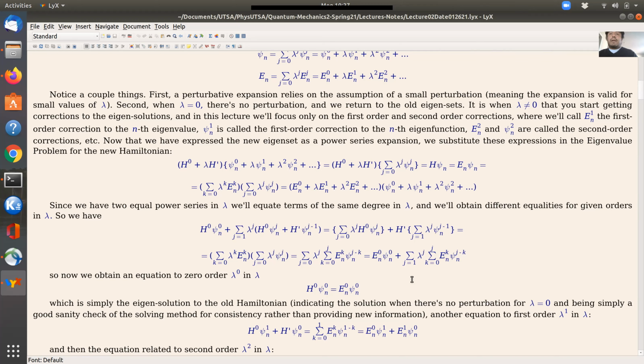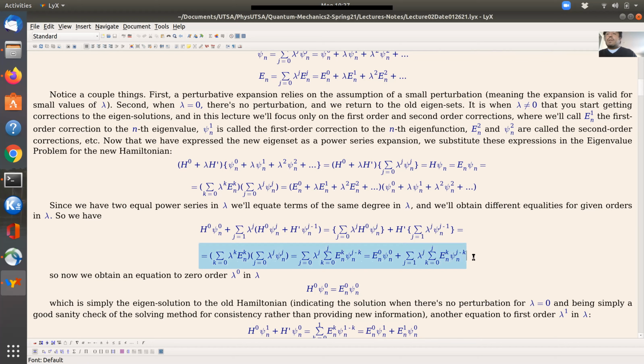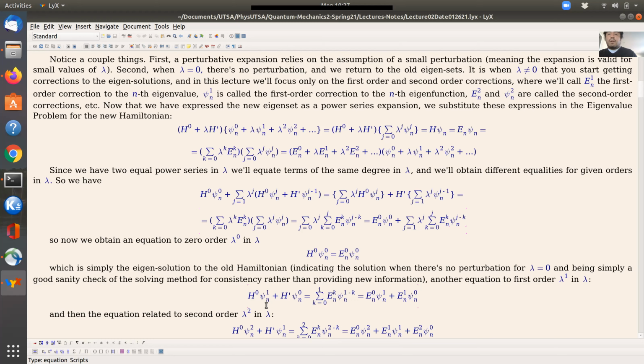But let's go to the higher degree. You would have to go to j equal 1, plugging in over here and substituting j equal 1. So the sum from k 0 to 1 of E k n phi j minus k n. If you do that, it's clear what we would have.